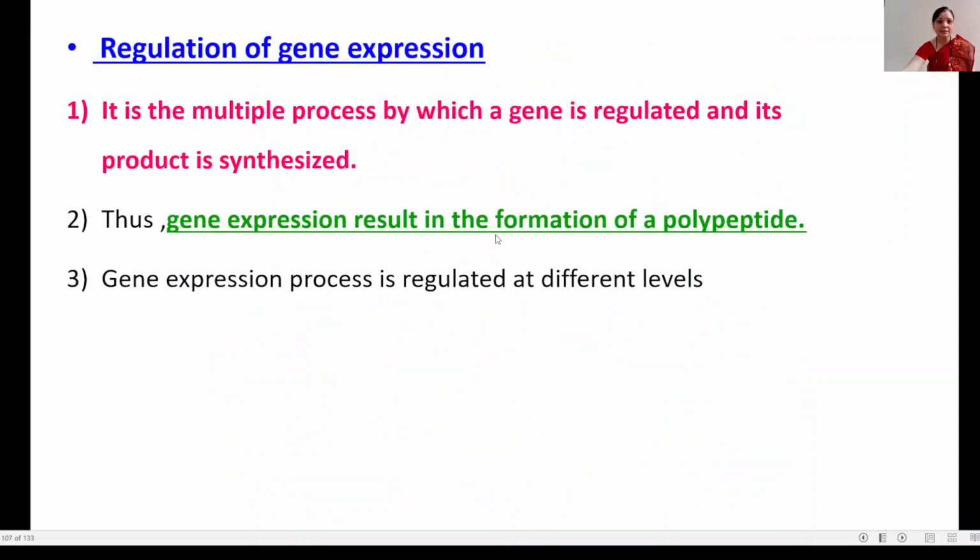Now see the regulation of gene expression. What is regulation of gene expression? It is the multiple process by which a gene is regulated and its product is synthesized. Thus, gene expression results in the formation of a polypeptide. The gene expression process is regulated at different levels.